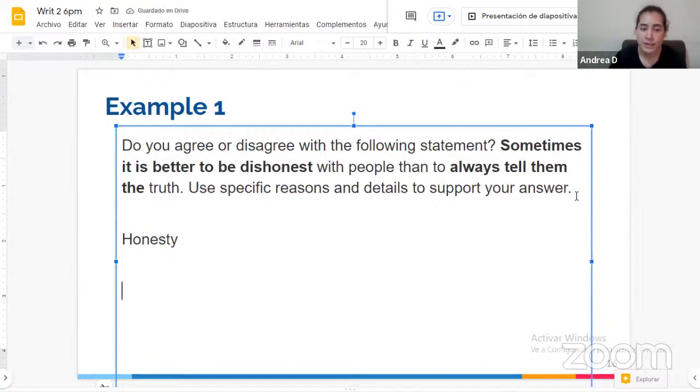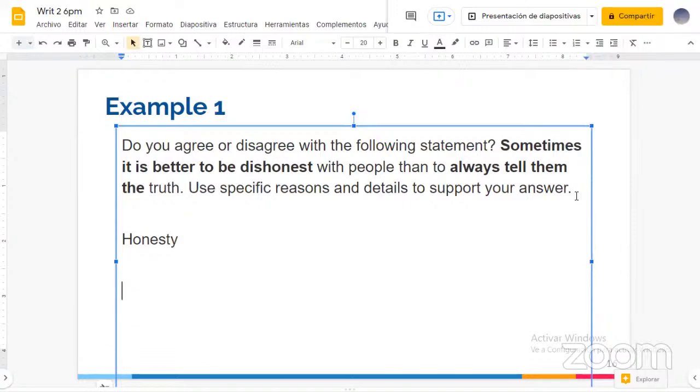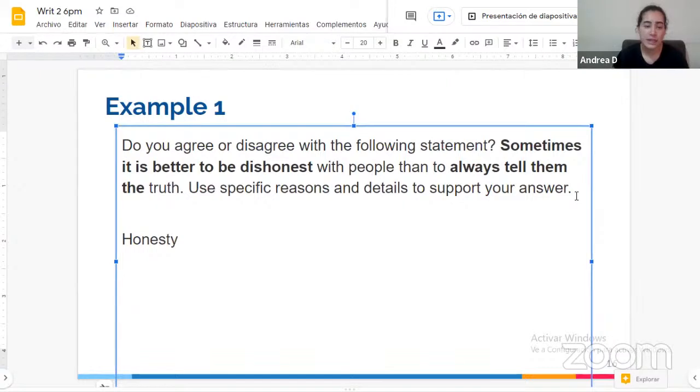Like, for example, if I ask, do you think that it's better to travel alone or with a companion? What would the topic be in that case? Traveling. Exactly, traveling. Or maybe you can say recreation or vacations, but you need to go for the general topic. Don't get into the details yet.